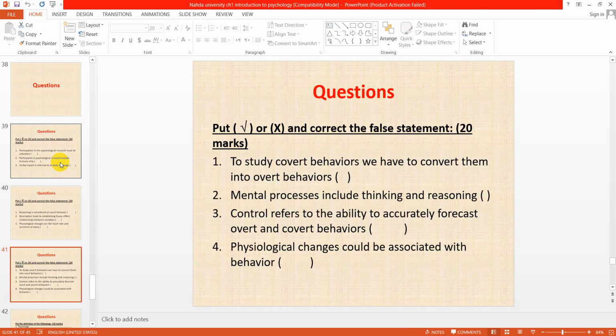Control refers to the ability to accurately forecast overt and covert behavior. Physiological changes could be associated with behavior.